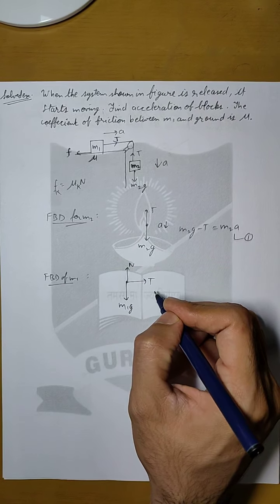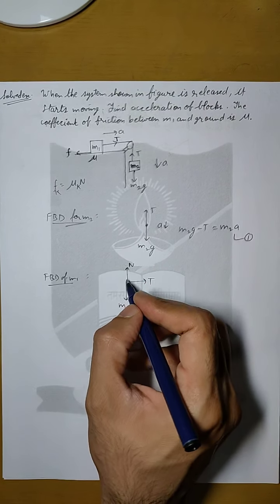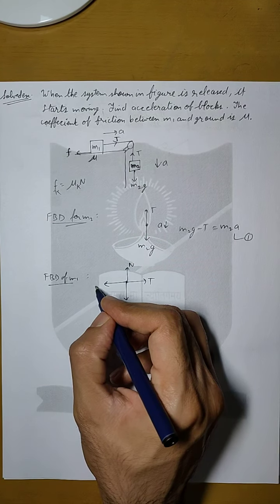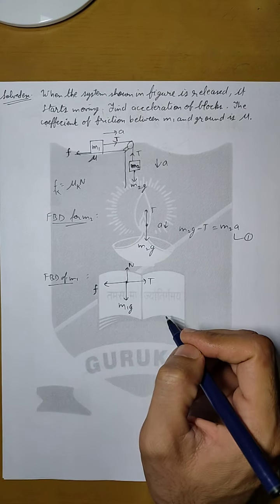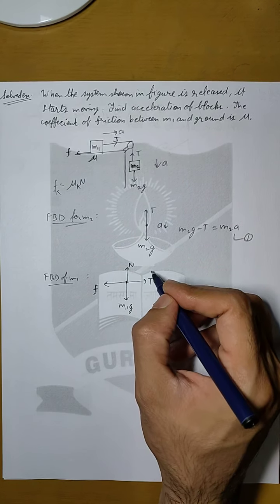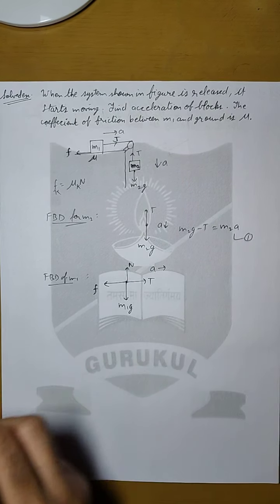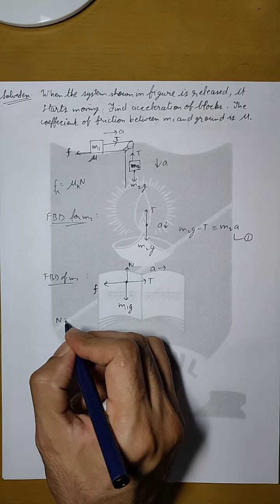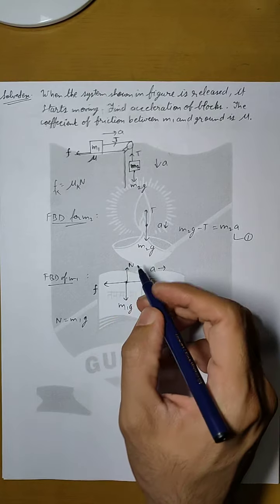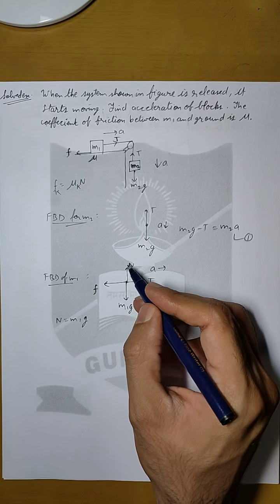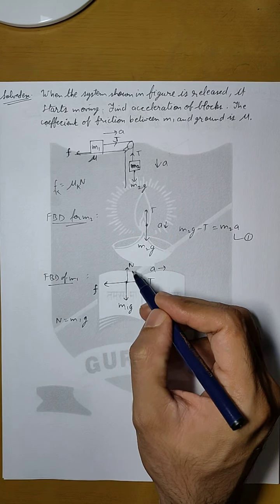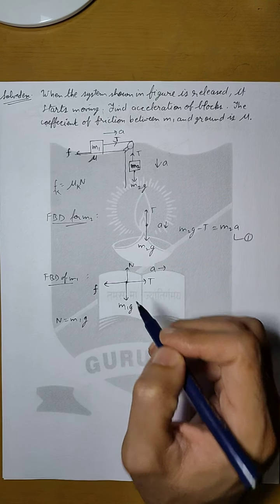The tension is moving in this direction, and because of this tension a friction is created between block and ground, which is equal to F. And this block is moving with acceleration A in this direction. So from this we get two equations. One will be N equals M1G because the block is not moving in vertical direction. That means in vertical direction the forces are in equilibrium. So N will be equal to M1G.